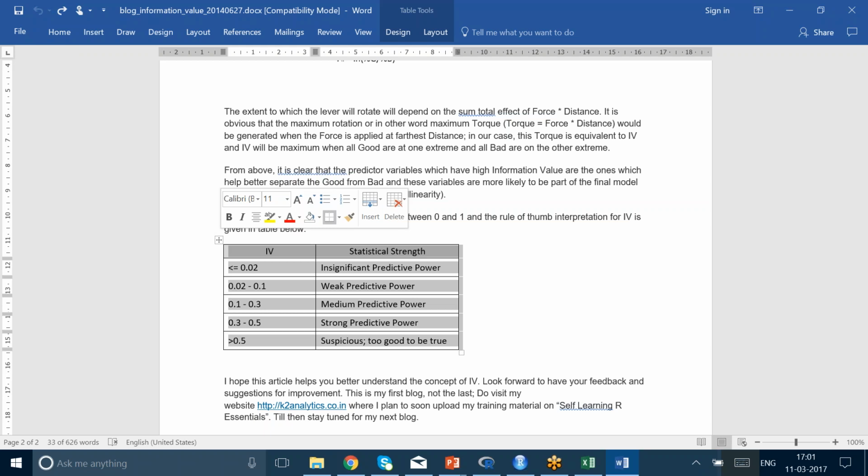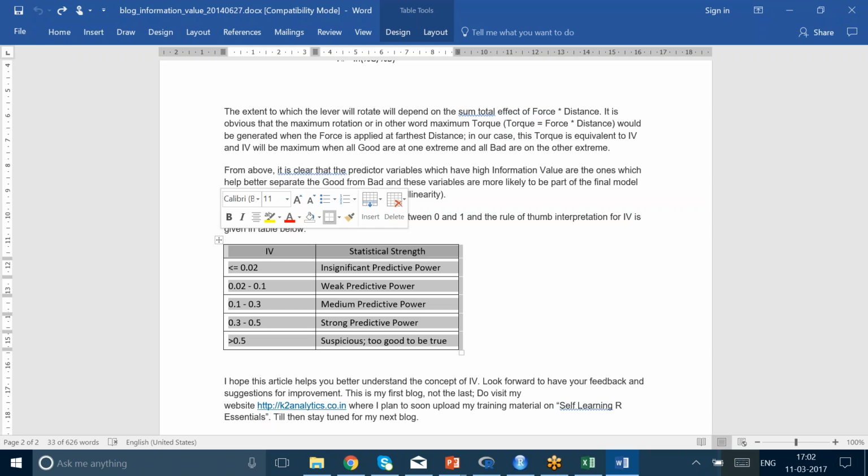If the IV is between 0.02 and 0.1, that variable has weak predictive power. What it means is, if you build a model, there will be other variables which have strong predictive power and will give you the maximum differentiation between good and bad, but these variables have the capability of giving a small token incremental efficiency also.